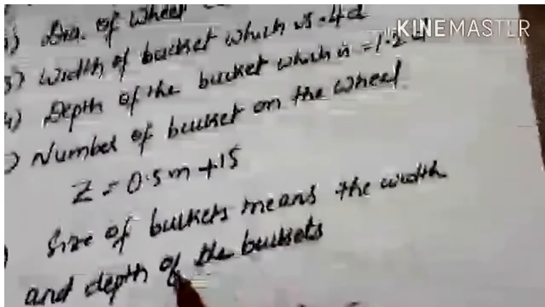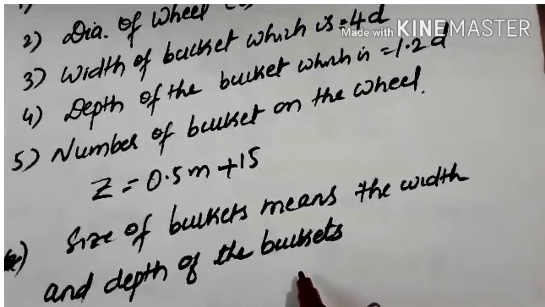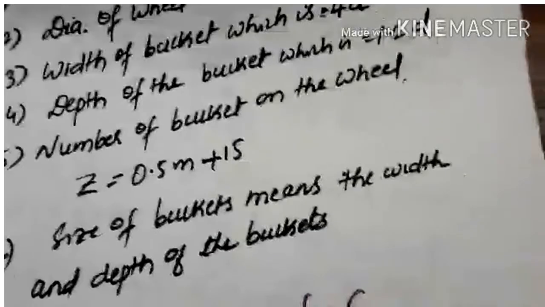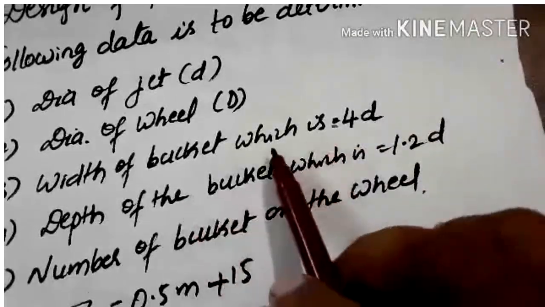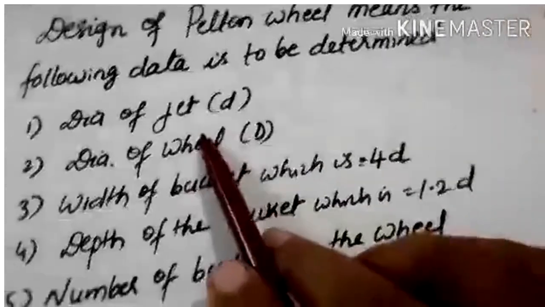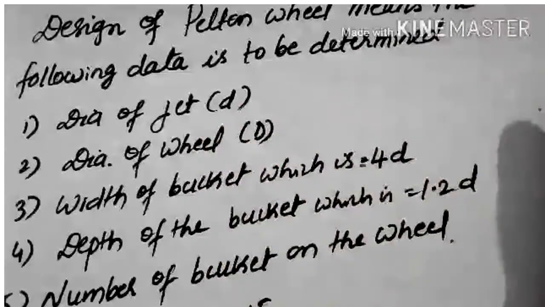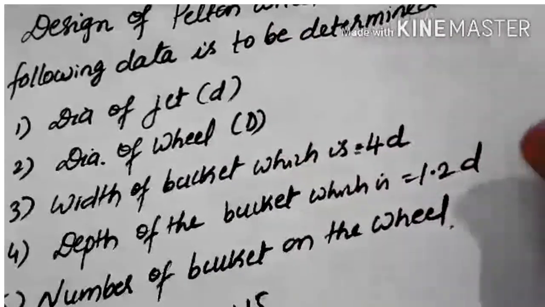Then the size of the bucket means the width and depth of buckets are to be calculated. So all the dimensions are proportioned using the diameter of jet. So this is a design of a Pelton wheel.